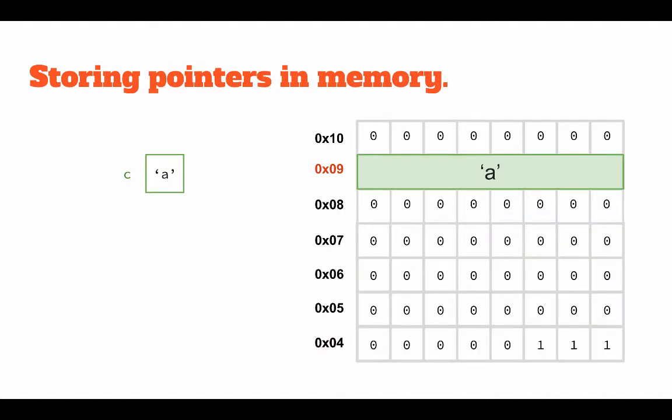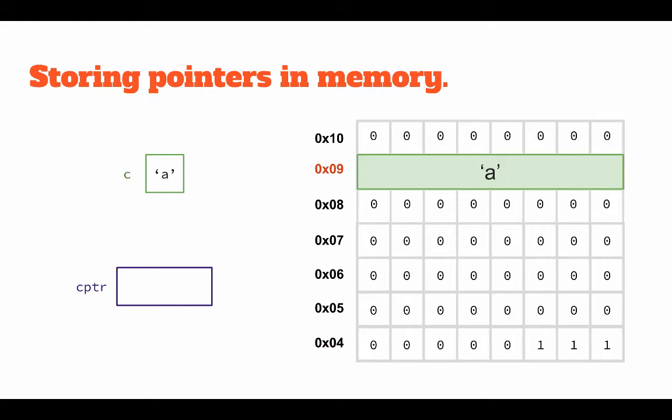All right, and on that same note, let's talk about how we actually store pointers in memory. Because remember, pointers are just another variable type. So here we're starting with that same example. I have my character variable c, which contains the letter A, and that's at address 0x09.